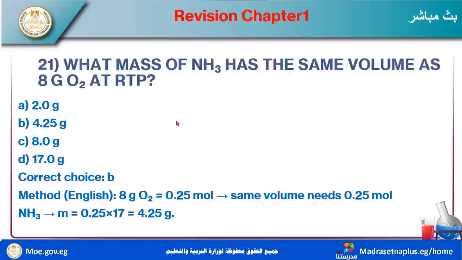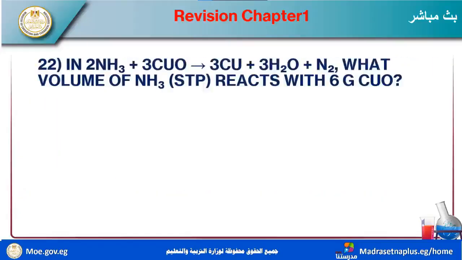Now, this is easy to understand. Before: 2NH3 plus 3CuO produce 3Cu plus 3H2O plus N2. What volume of NH3 in the product? No, I'm sorry, this is reactants. At RTP it reacts with 6 gram CuO.